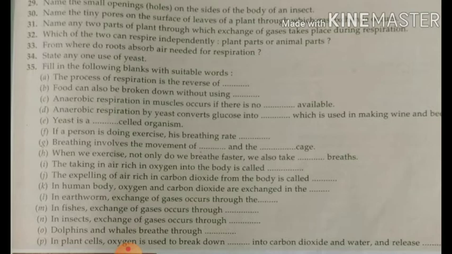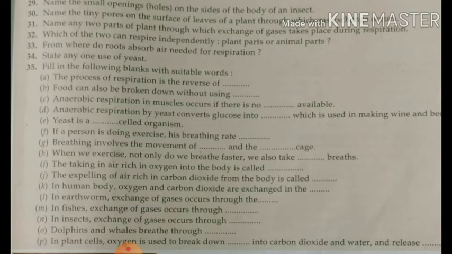Then B, food can also be broken down without using oxygen. Then C, aerobic respiration in muscles occur if there is no oxygen available. Then D, anaerobic respiration by yeast convert glucose into alcohol, which is used in making wine and beverages.